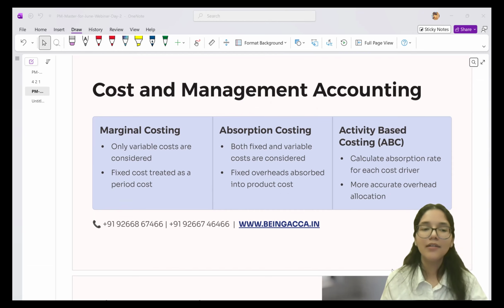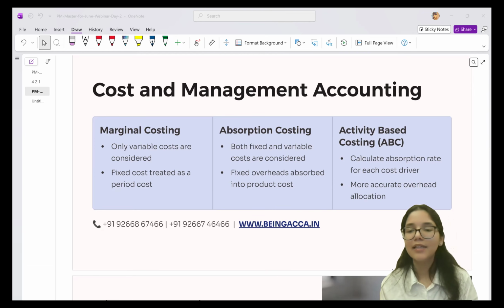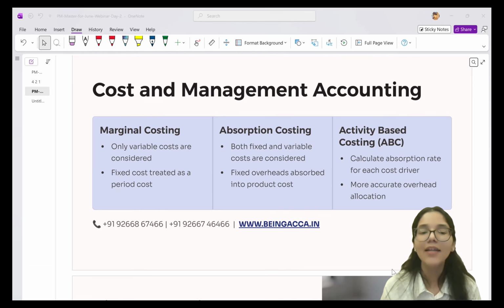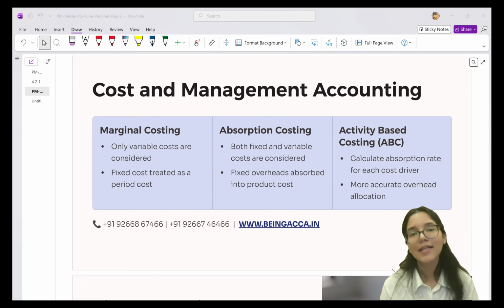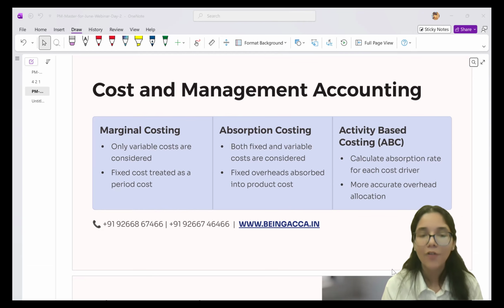Key points are already written in front of you also. Only variable costs. Absolutely right, Energize. Only the variable cost, Shruti, Anu, absolutely right. Only the variable costs are considered, and whatever fixed costs are there, they are considered as a period cost. So at the end of the year, they are expensed to the P&L account.